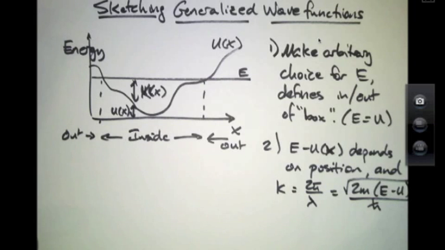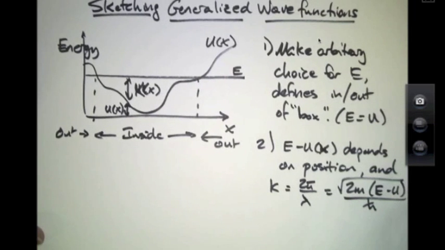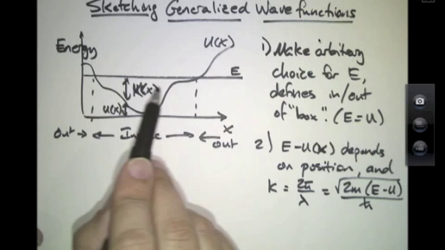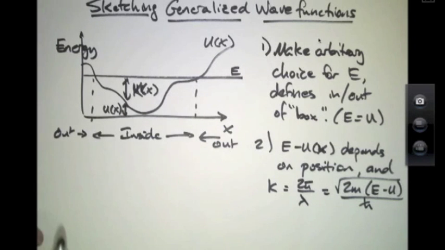This means that the wavelength is going to vary along the potential, because as potential goes toward energy, this term goes to 0, the wave number goes to 0, and what happens to the wavelength? Well, the wavelength is becoming very, very long. On the other hand, as potential energy goes to 0, E is the same, the wavelength becomes very short. So wavelength will in general change as I move to the right or move to the left.